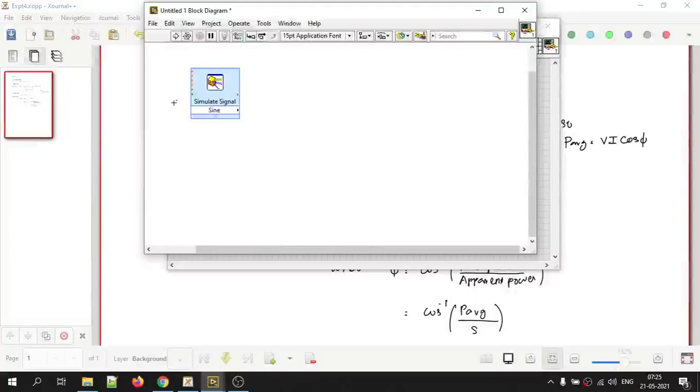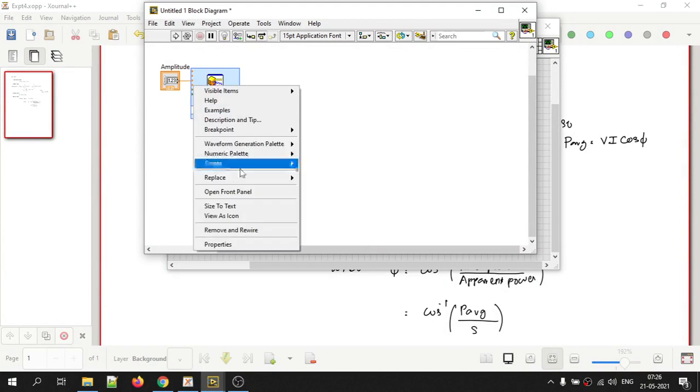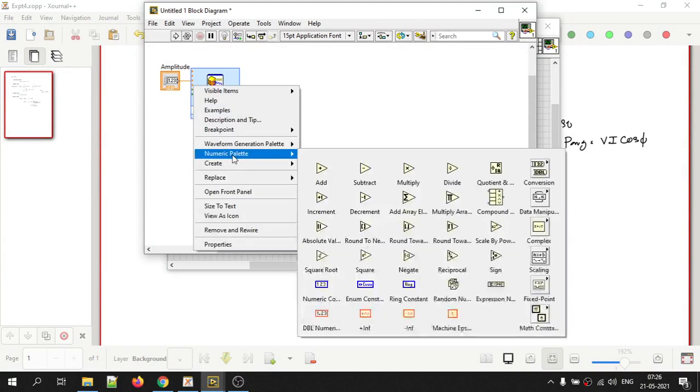By default it has 1000 Hz as sampling rate, and it is enough. Let us create a few controls to manually adjust the amplitude and the phase of the voltage.